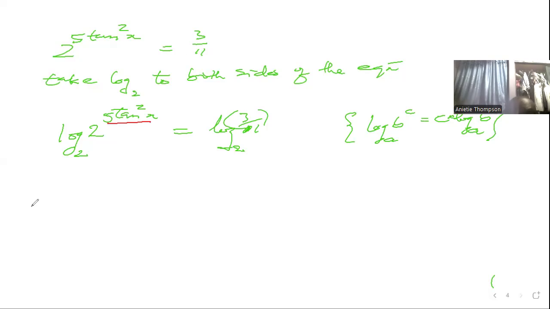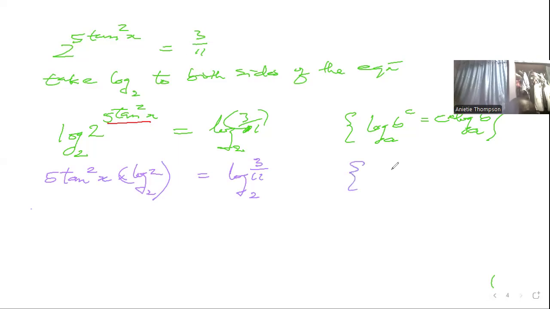So that will be 5 tan square x times, let's put that in bracket, log base 2 of 2, equals log base 2 of 3 over 11.